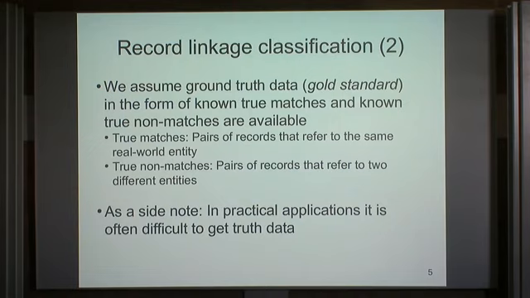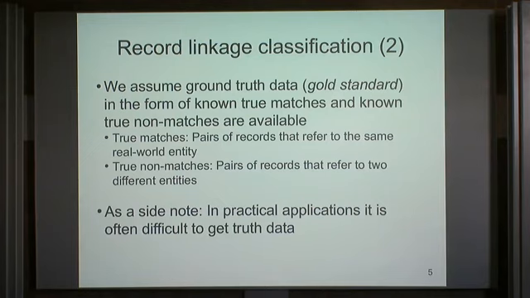So based on that, we also have in the evaluation, in order to be able to calculate linkage quality, we need a ground truth, a gold standard. We need a data set where we have true matching pairs and also true non-matching pairs. Otherwise, we cannot calculate any quality measure.